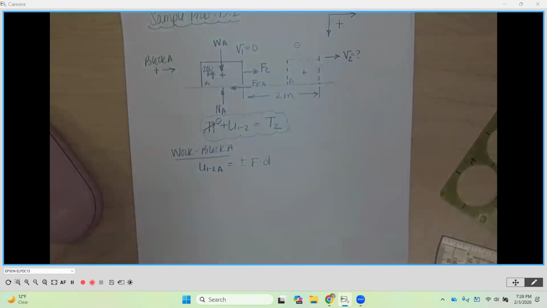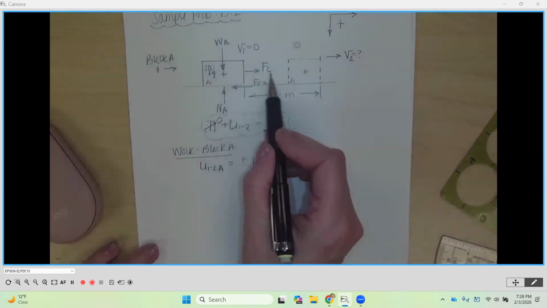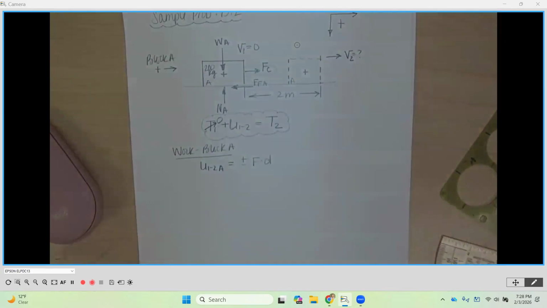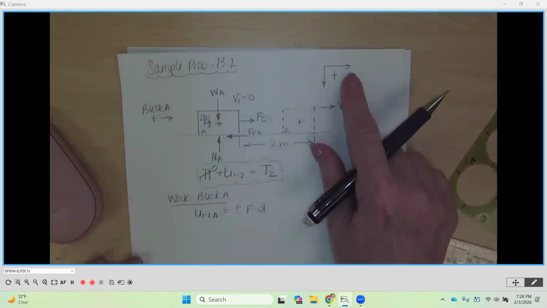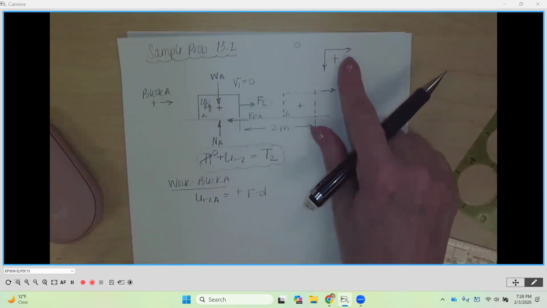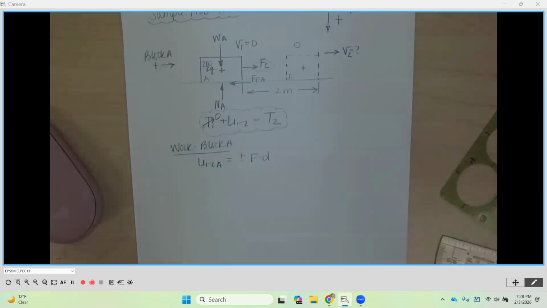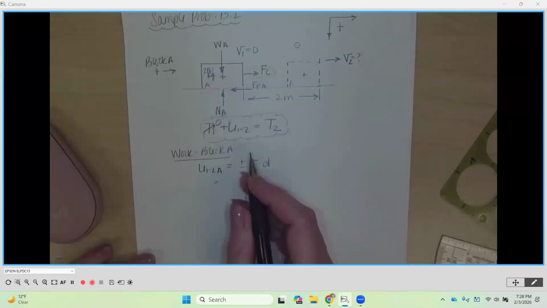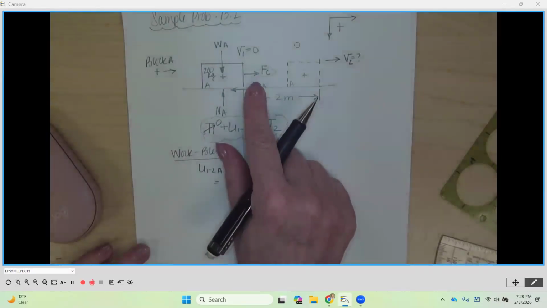So that means I'm only going to be worried about my force along that cable and this friction force. The force along the cable and the friction force. And I'm going to use my convention up here along that horizontal, the x-axis, to determine the positives and the negatives. So I can say force times distance. Let's look at the FC first.